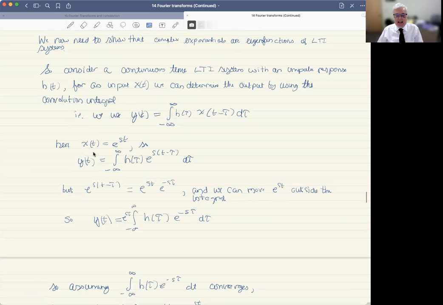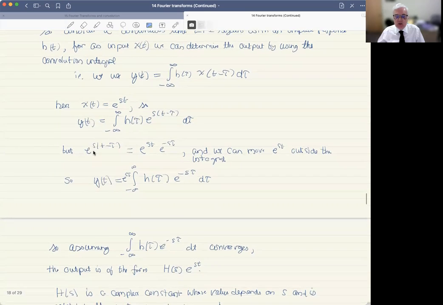At the end of that set of notes, what I'm going to do is to show that complex exponentials are eigenfunctions of linear time invariant systems. So I set one up. I remind us that we can determine what the output is using the convolution integral. Then I make the calculation using the variable s.